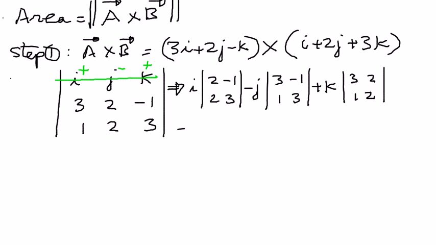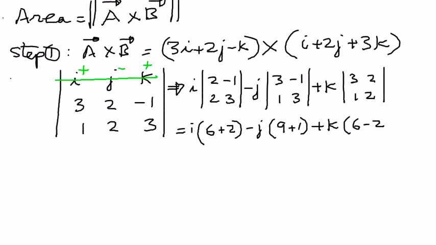Therefore, when we expand this, it is going to be i, 2 times 3 is 6, minus 2 times -1 is -2, times negative will be positive, so plus 2, minus j times 3 times 3 is 9, minus 1 times -1 is -1, times negative will be +1, plus k times 3 times 2 is 6, minus 1 times 2 is 2.